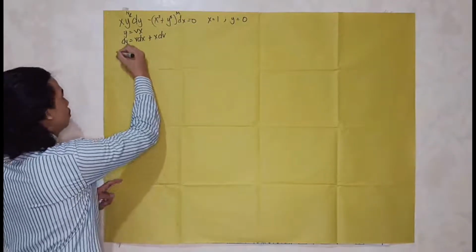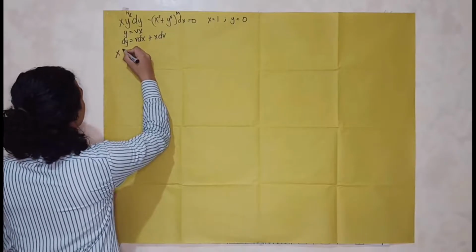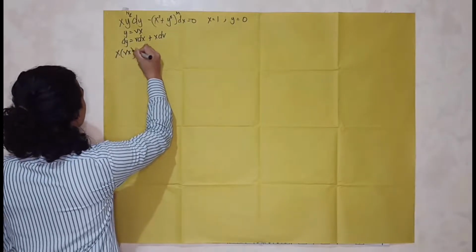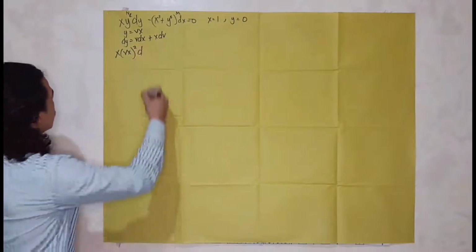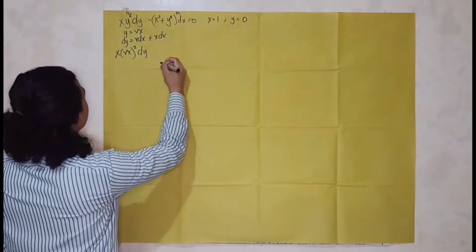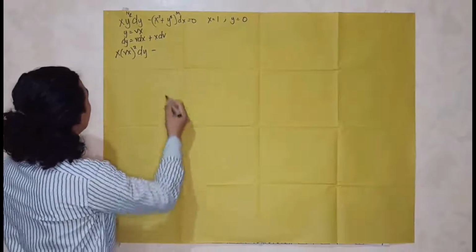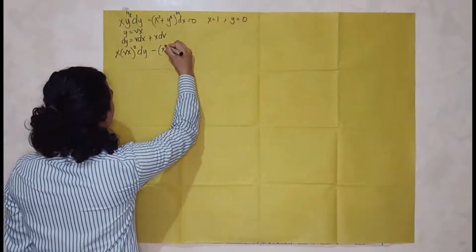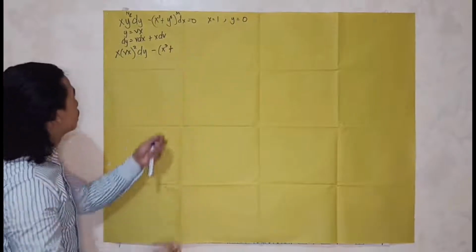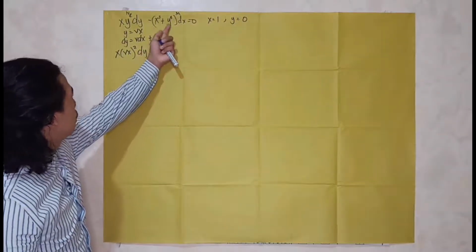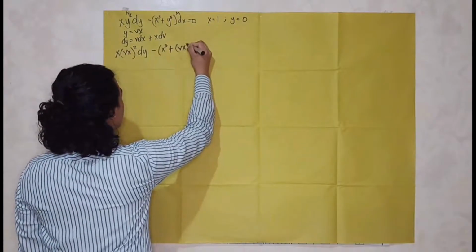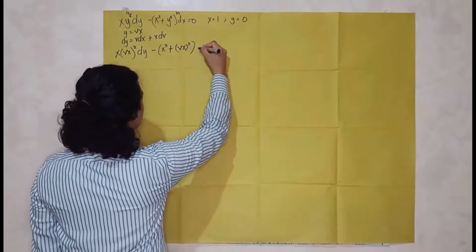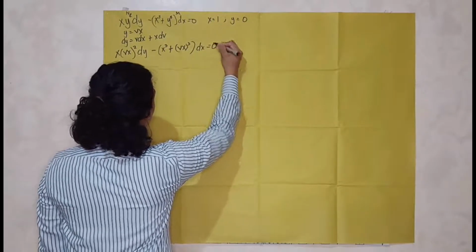So meron tayong x multiply by vx squared dy, which is v dx plus x dv. Minus quantity x cubed plus y cubed, i-substitute natin yung dx, dx is equals to 0.